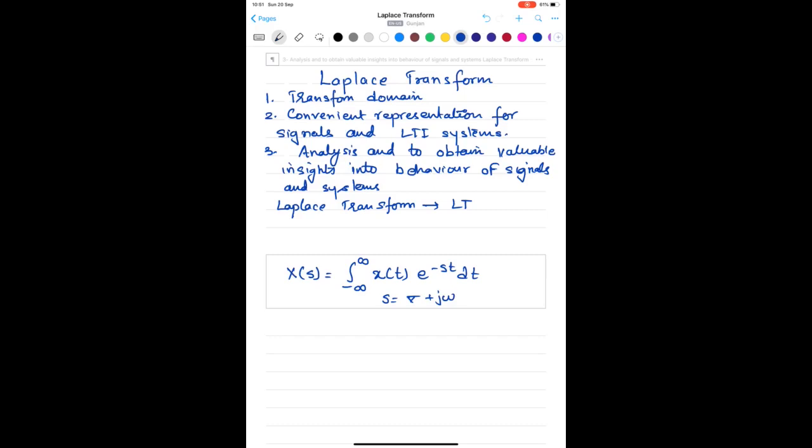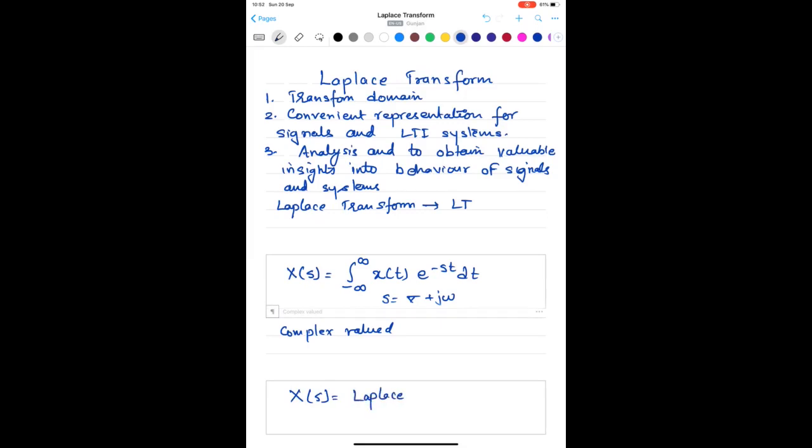Or you can say it is a complex valued S, or you can say x of s is equals to, another way of representing it, Laplace of x of t, or we use this symbol for it, L of x of t.